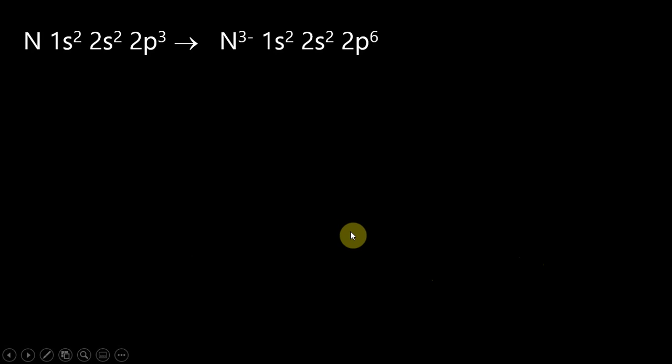So let's say for nitrogen. What happens in nitrogen? Well, nitrogen normally forms a 3- ion. Why is that? The nitrogen has a 1s2, 2s2, 2p3 configuration. This p can hold a maximum of 6.